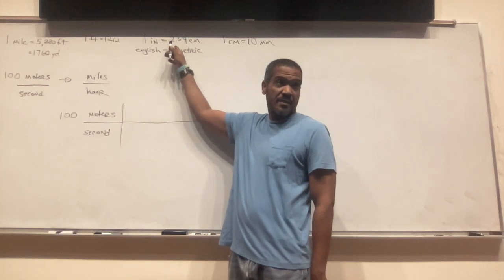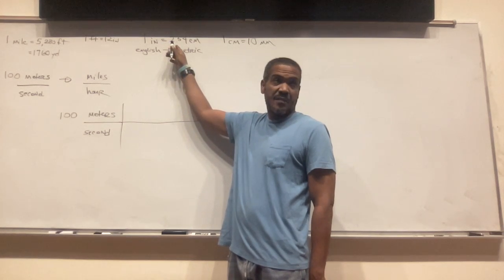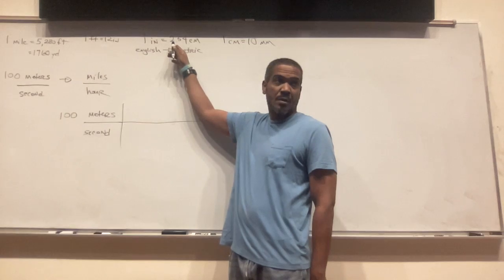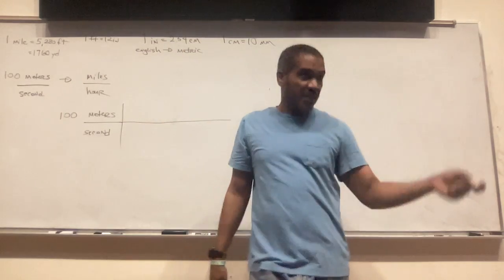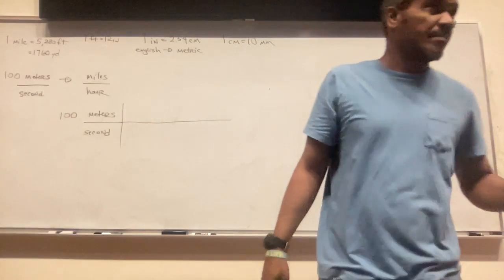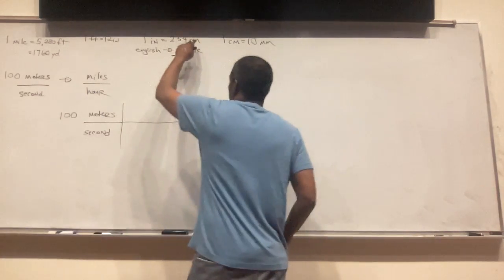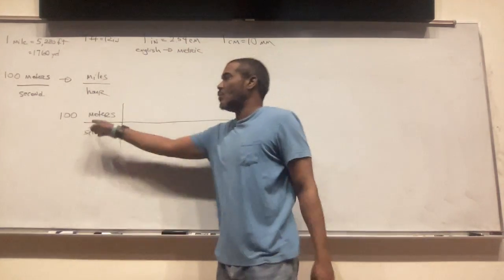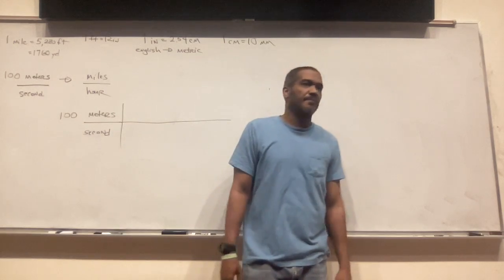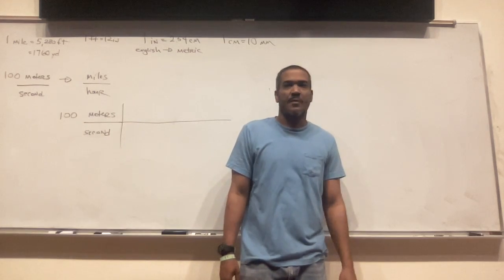Everybody following what I'm saying? This is the conversion factor that I'm looking for between the metric and the English system. Okay? So if I recognize that I need to get to centimeters, then I can convert 100 meters to what? Centimeters.